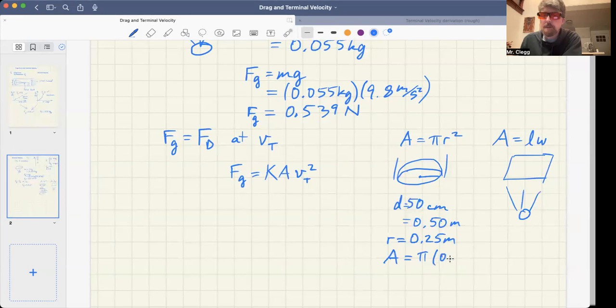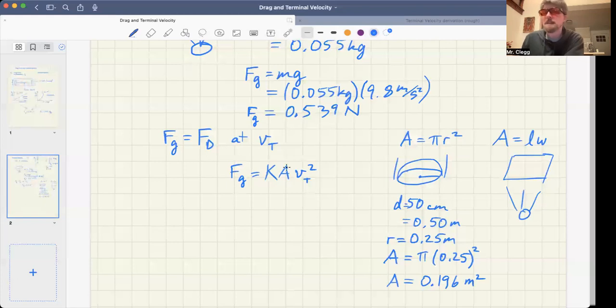So that's going to be pi times 0.25 squared, meters squared. And that comes out to be 0.196. I'll just round it, I guess. Meters squared. So there's my area.